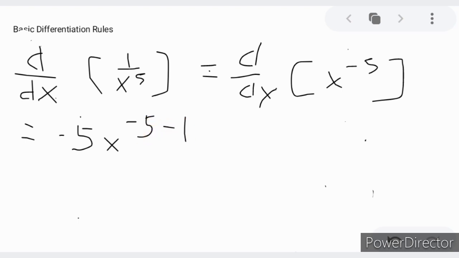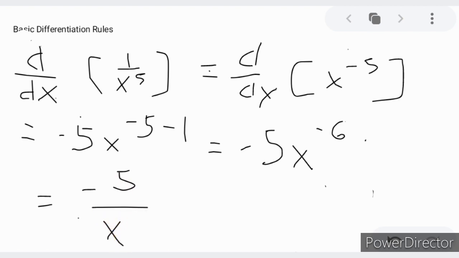As we continue, it will become negative 5 times x raised to negative 6. And to finalize our answer, let us bring x down to transform the negative exponent into a positive exponent. So it will become negative 5 over x raised to 6. So that is our basic differentiation rules.